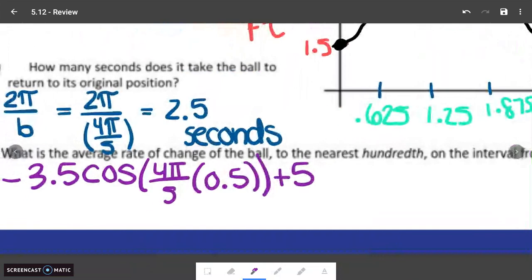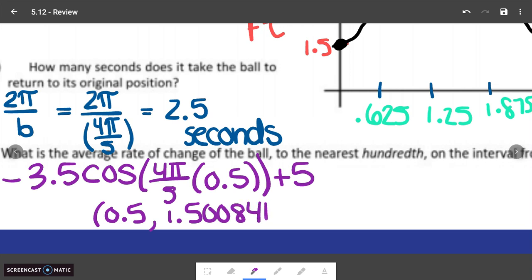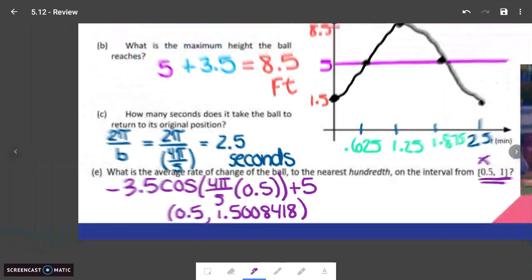And when I plug that in, we're going to end up with 0.5 as x, comma, 1.5008418. So I just don't want to round too soon. I'm going to keep that in there.